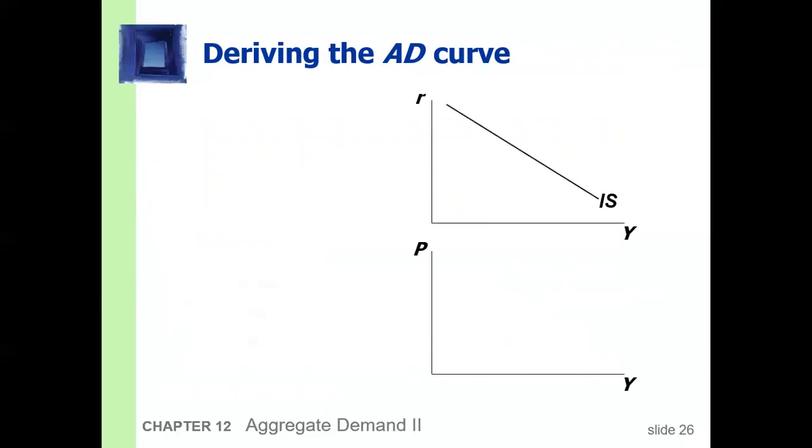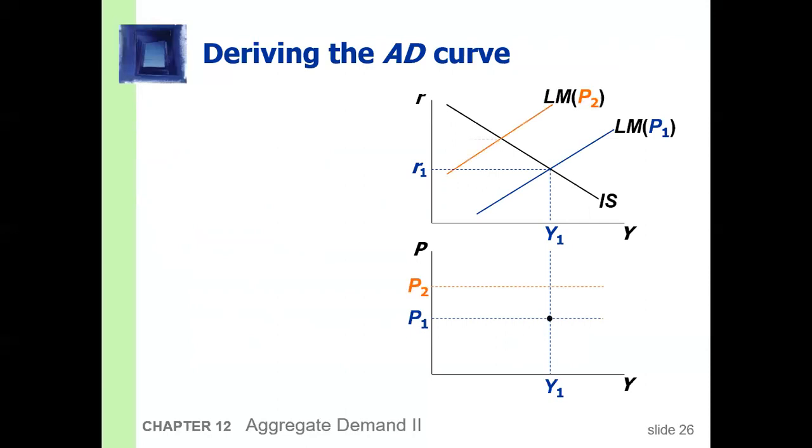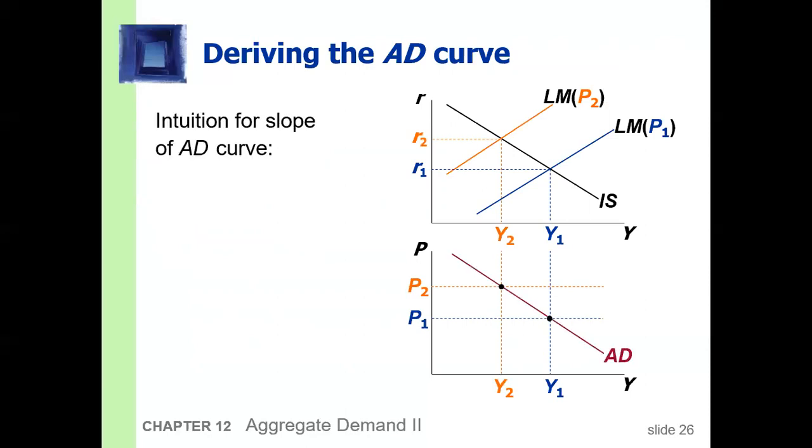As we know, to derive the aggregate demand curve, we have here the relation between the interest rate and income in the negatively sloping IS curve, and also the price and the income in the LM curve. You can see from this graph, when the price goes from P1 to P2, the real money balances decrease.